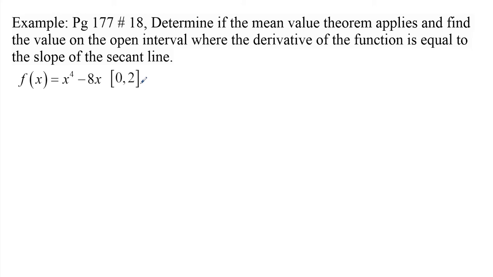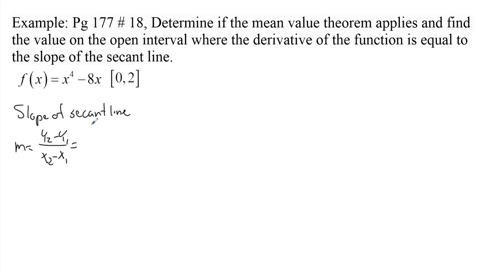And so we want to find a place over this interval where the value of the derivative is equal to the slope of the secant line. Well, before I can do that, I have to find the slope of the secant line. And remember, m equals y2 minus y1 over x2 minus x1.